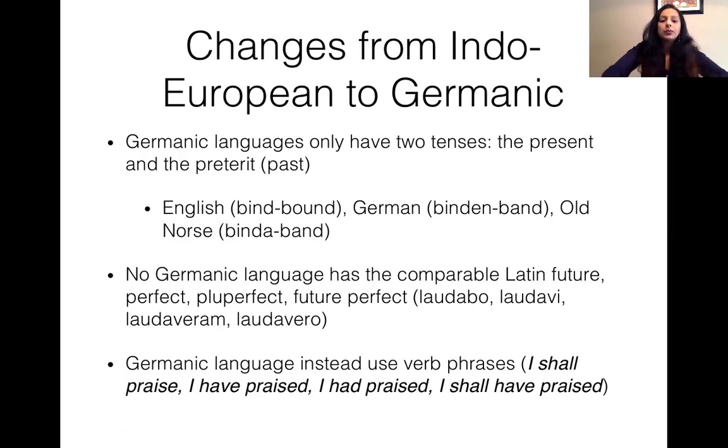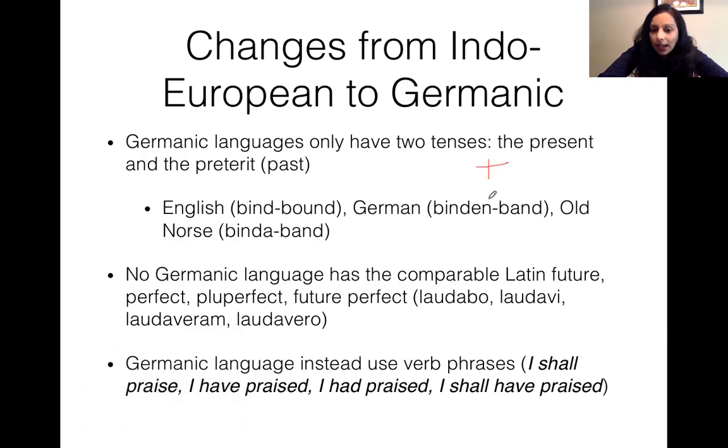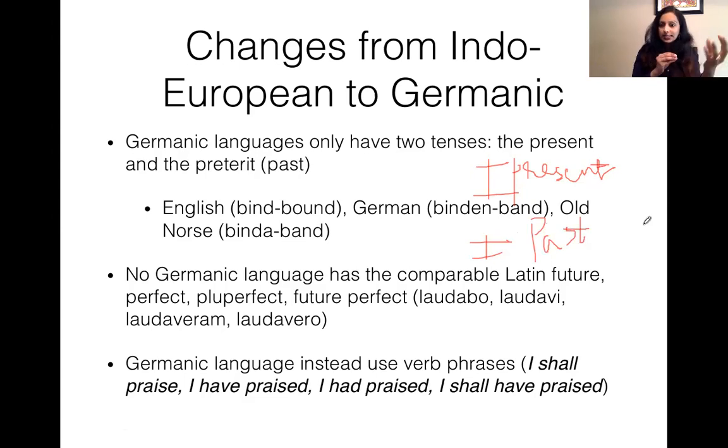So very often we say that what exists in Germanic languages is a plus or minus present category and a plus or minus past. So for each verb, you can either say that this is a present tense or a past tense. So that's plus present or plus past, and then minus present and minus past.